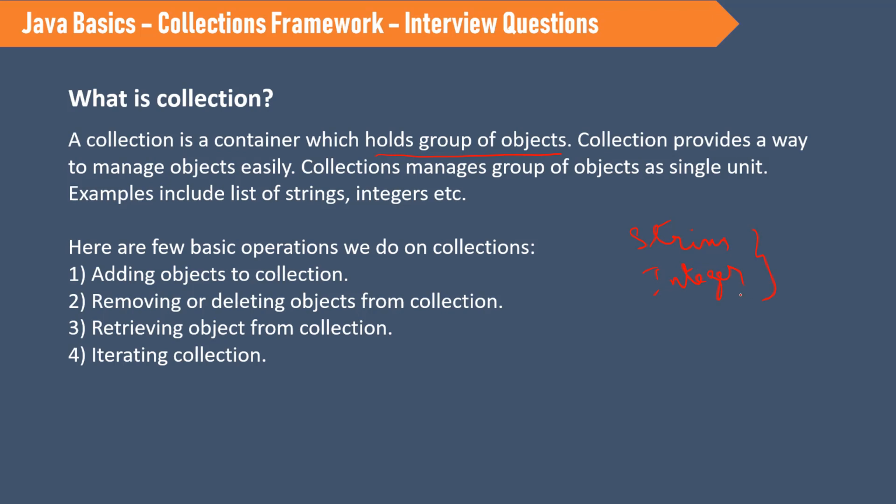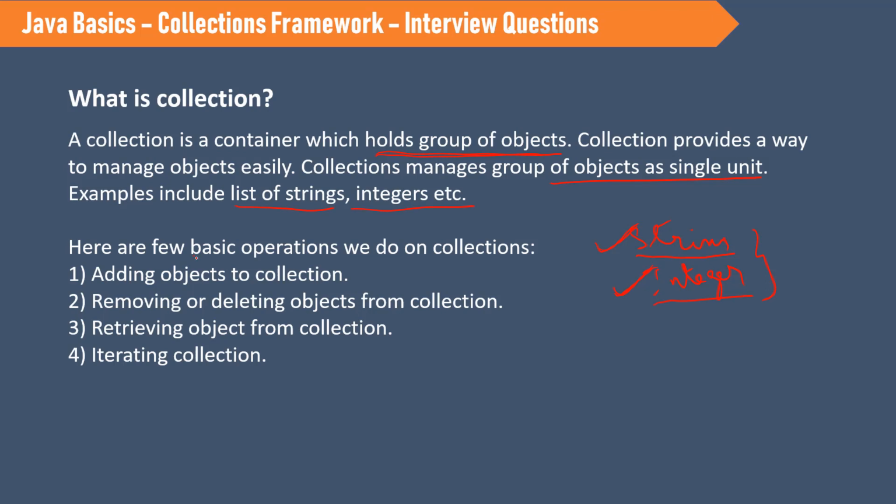We have created different groups of objects in a collection. A collection provides an easy way to manipulate or manage these objects. And collections manage a group of objects as a single unit. Example, list of strings, integers, etc.